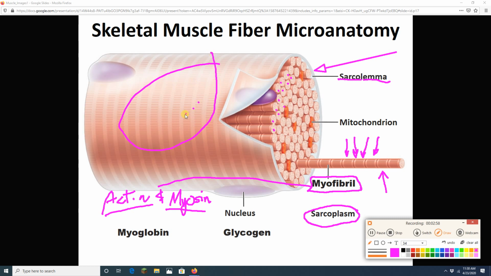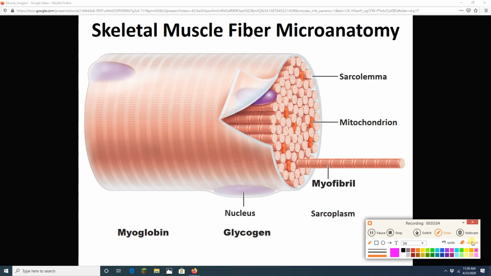Dark, light, dark, light, dark, light, etc. Okay, what else can we see? We can see mitochondria. A lot of mitochondria. This totally makes sense because mitochondria make ATP, the cell's source of energy. Muscle cells, of course, will need to burn a lot of ATP to use a lot of energy to do the work that they do.